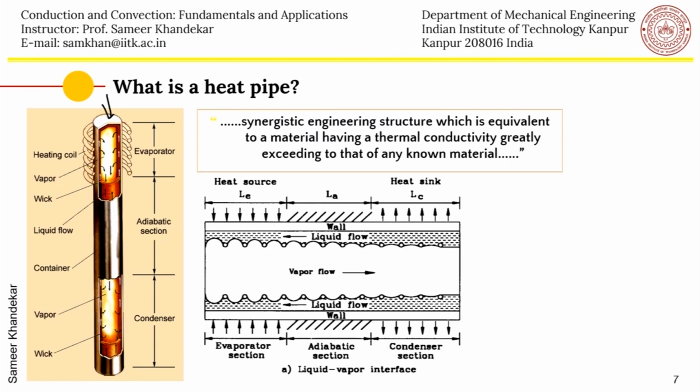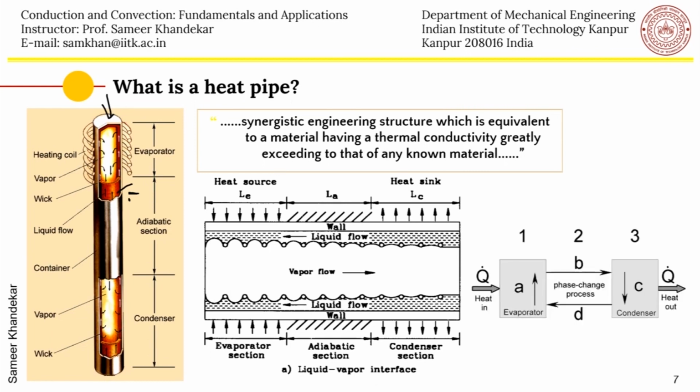Once you evacuate this system, there is nothing inside. It becomes devoid of material, and then you put in only enough liquid, some liquid. Let us say right now, for the sake of discussion, we will take a copper-water heat pipe. So it's a copper tube, and the working fluid which we will fill inside is water.